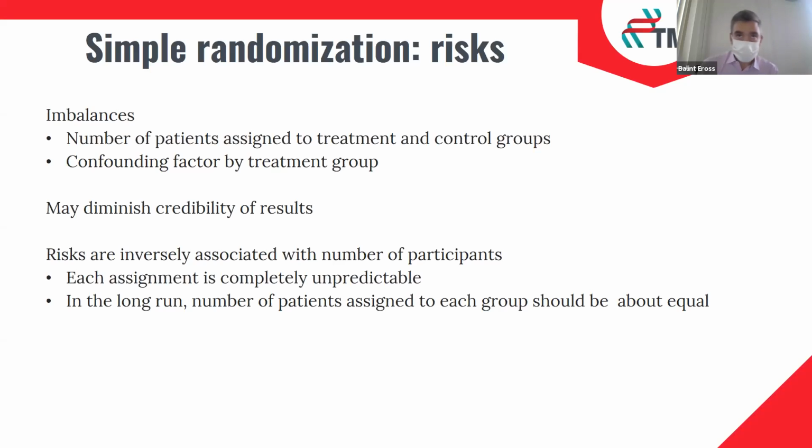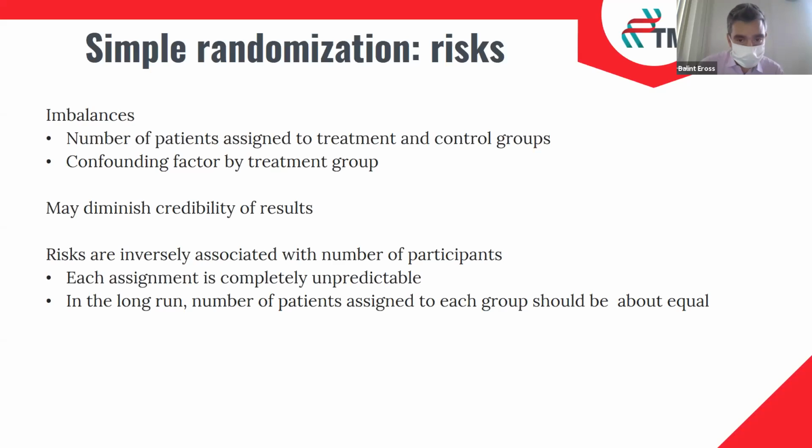So if you work in a large hospital where you want to do a single center study including 300 patients, then simple randomization may be the way to deal with this problem. But most commonly, you will do randomized controlled trials in multiple centers, and some of the centers will have very few patients enrolled in the studies.